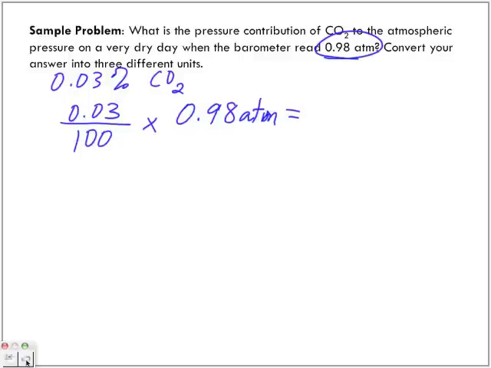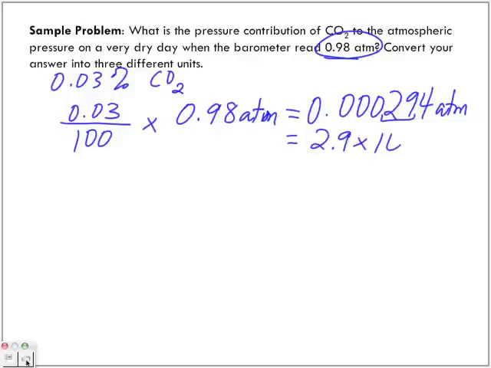And we get the following number, 0.0000294 atmospheres, which we can write to 2 significant digits and put in scientific notation: 2.9 times 10 to the power of -4 atmospheres.